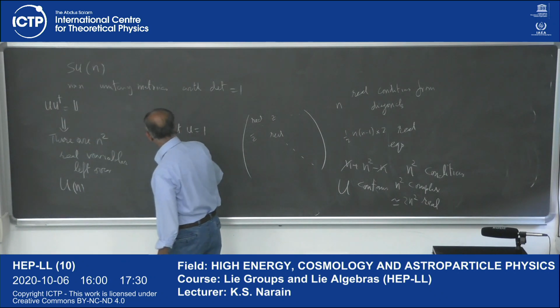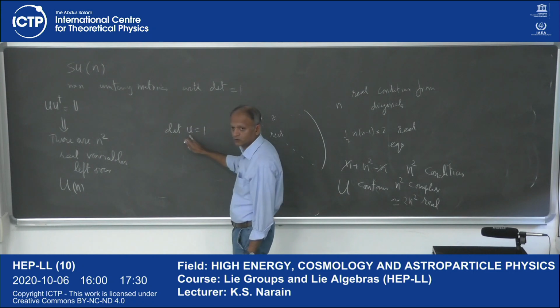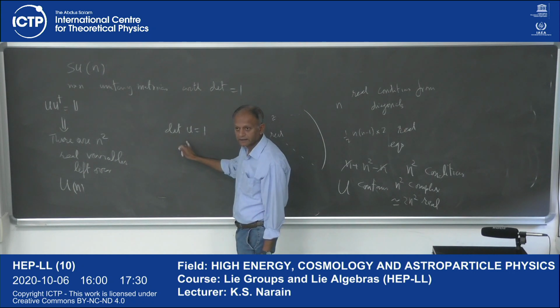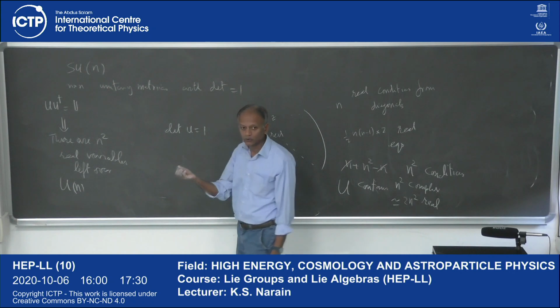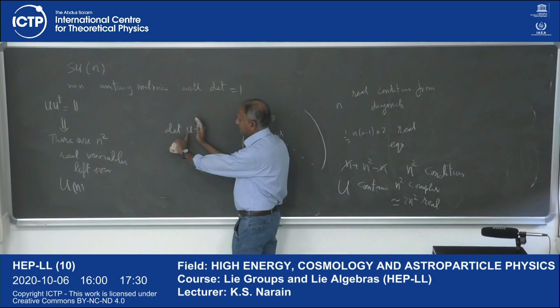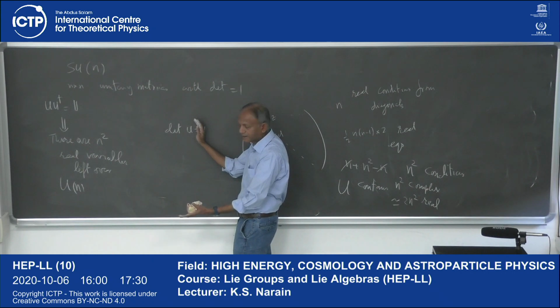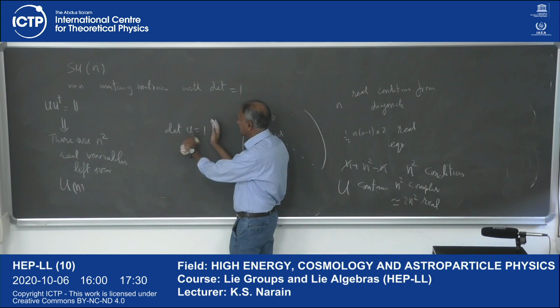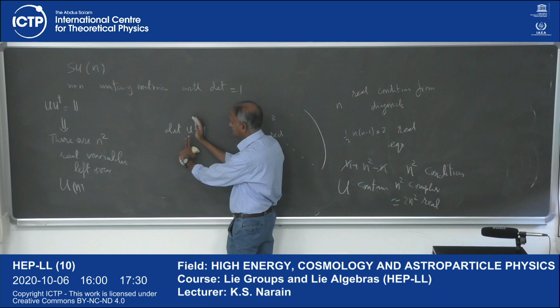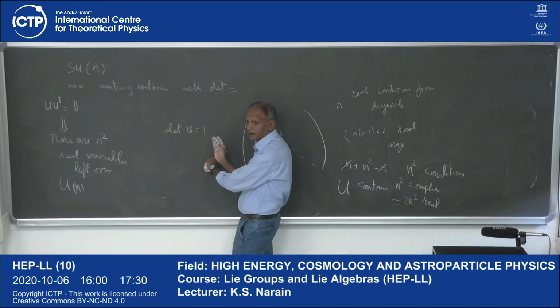Now, one might imagine that U is a complex matrix, so the determinant of U should be complex. So this equation should be two real equations: the real part is 1 and the imaginary part is 0.